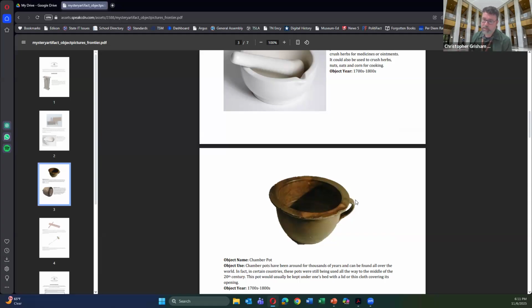You can introduce STEM, you can do all these other things, but also it's just increasing their observational skills, taking those ideas, putting them into context, building out that context with other objects to really get a true picture of what life was like at different times. So hopefully this will help you use some of these objects in your classroom with your students.